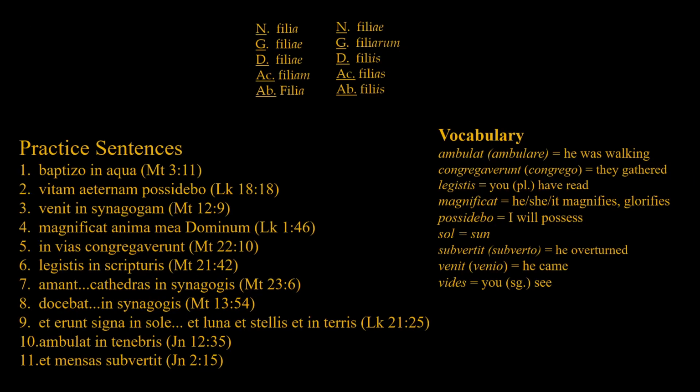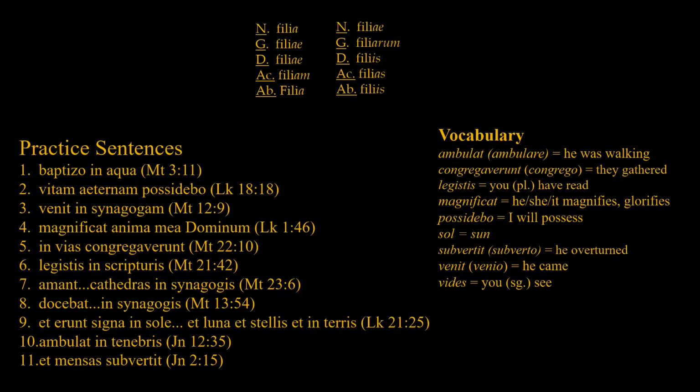And now we get to the first declension. Et luna, et stellis, et in terris. Et luna. So we have the singular there, and now the luna is not doing the action, so it can't be the nominative case. It has to be the ablative case.